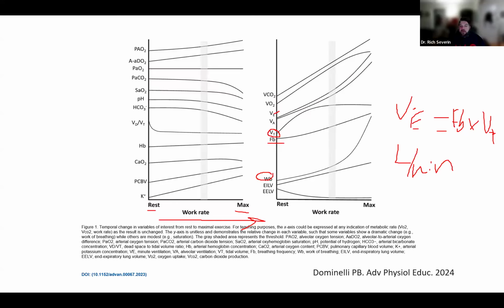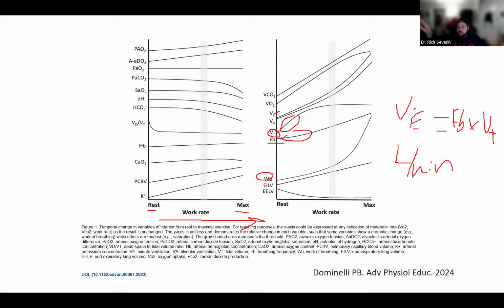Now, at the onset of exercise, you see a much more rapid increase in tidal volume compared to the frequency of breathing. And this continues in roughly this pattern where the tidal volume increases a lot more.